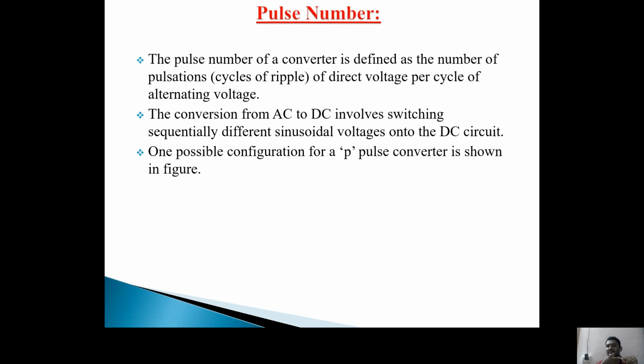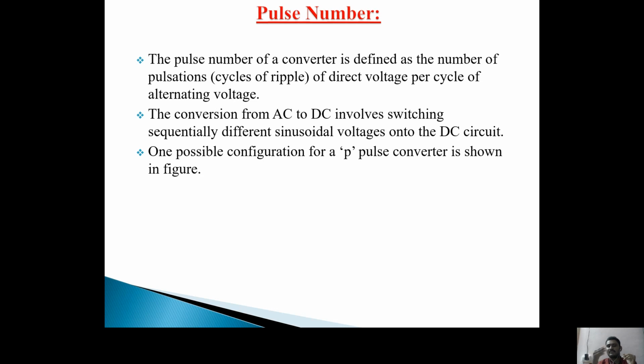The fourth one is Vd0 by E. And after that, the transformer utilization factor, in short TUF. So these are all requirements we have to take for the converter configuration.